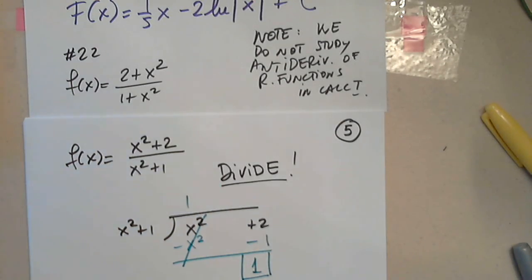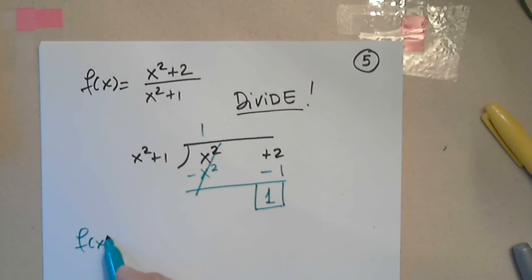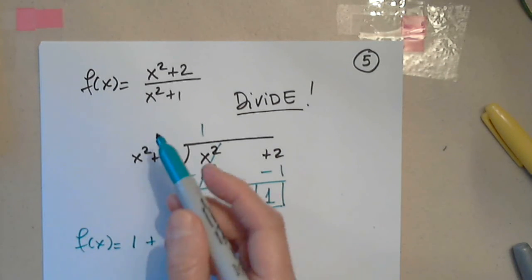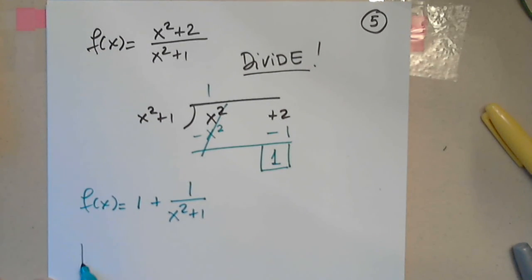So the function itself can be expressed as 1, the quotient, plus 1 over the divisor. And this, I know how to find the antiderivative. For that, I don't.